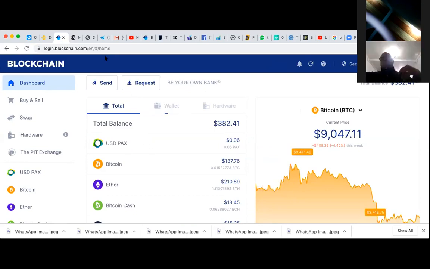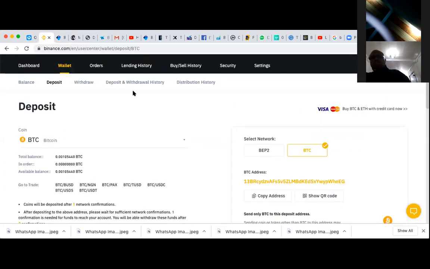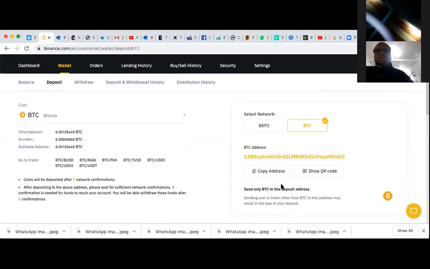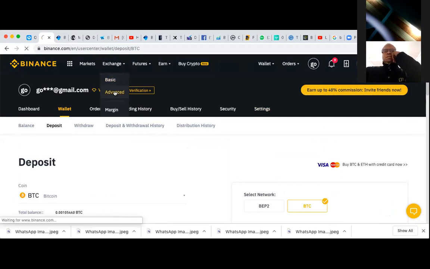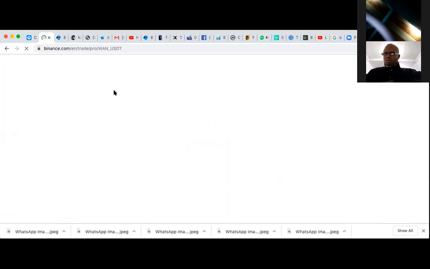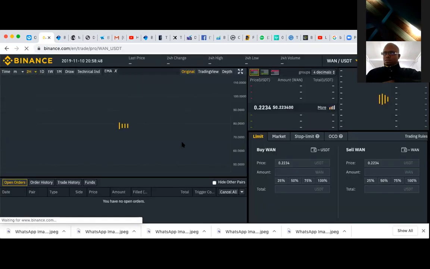So now I go back to my Binance, and once it has been credited, all right, then you come here to click on exchange and then click on advance. I'm doing this as a revisit because some people, I think, can still be battling with this. So please, it's so important you take note of every step.